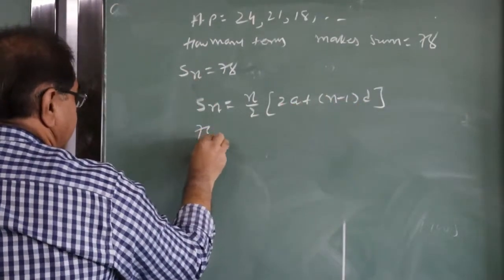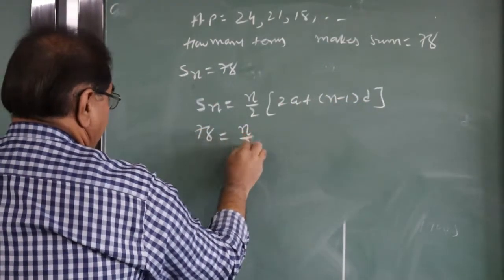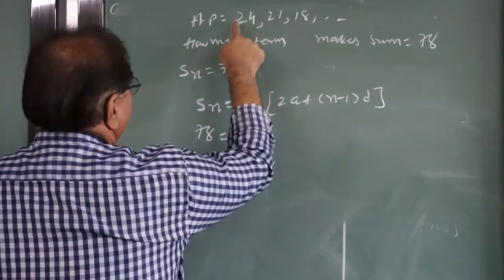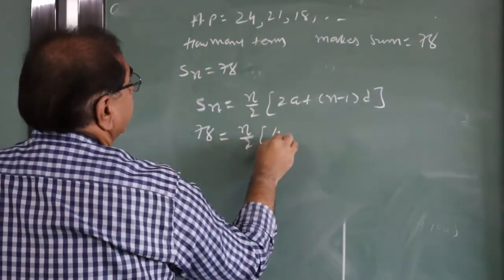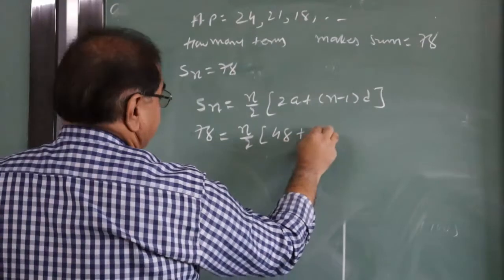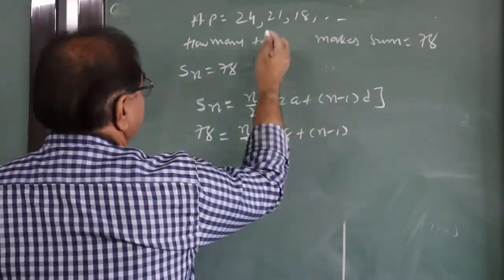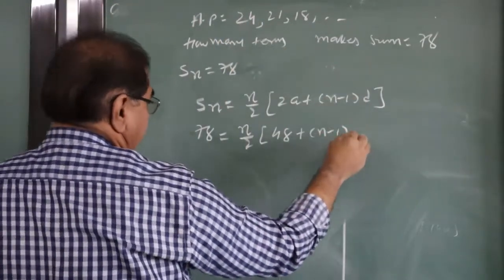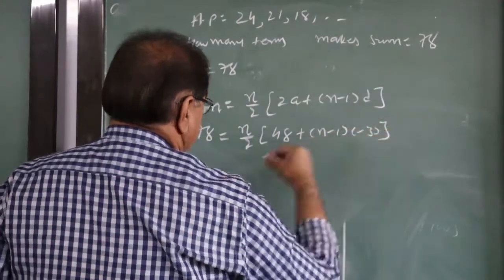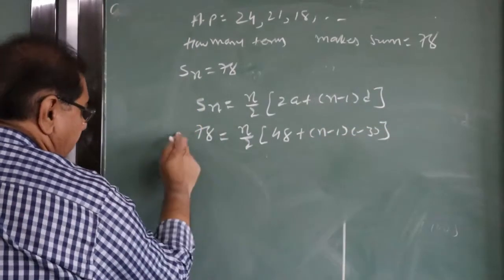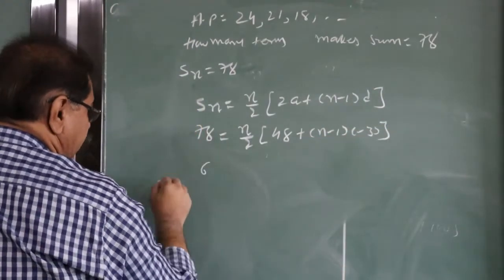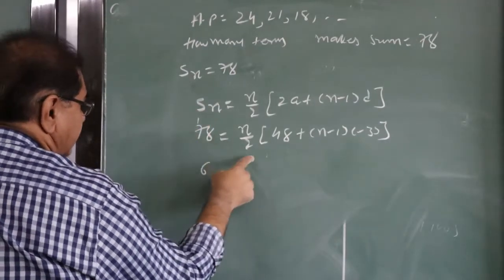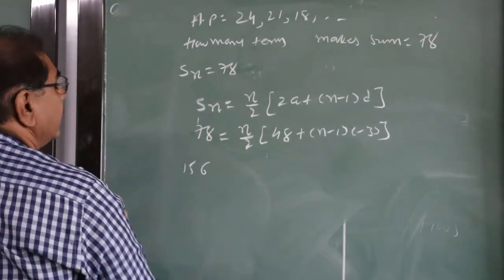Sn is 78, n by 2, 2a, 24 2s are 48 plus n minus 1, difference 21 minus 24, it is minus 3. So now first of all multiply by 2, 8 2s are 16, 1 carry, 7 2s are 14 and 1, 15.